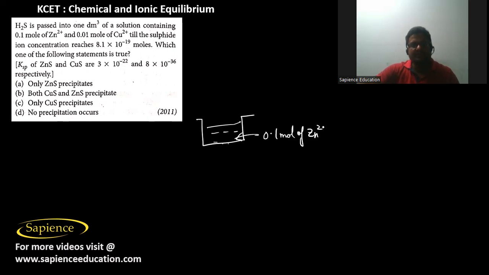Then here it is told H2S is passed into 1 decimeter cube of a solution containing 0.1 mole of zinc ion Zn2 plus and 0.01 mole of Cu2 plus ion.